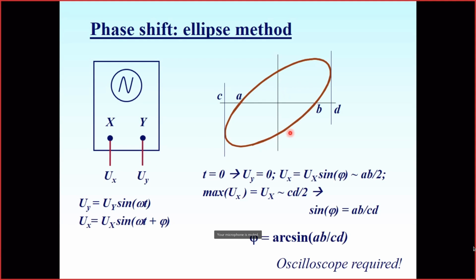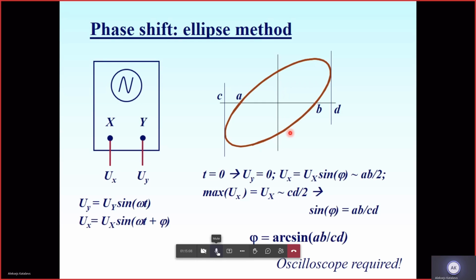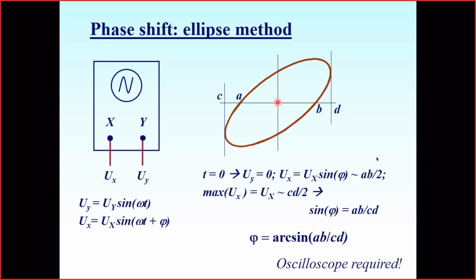What do you think we will see if there is no phase shift? It means that both signals reach maximum simultaneously, go through zero simultaneously, and reach minimum simultaneously.